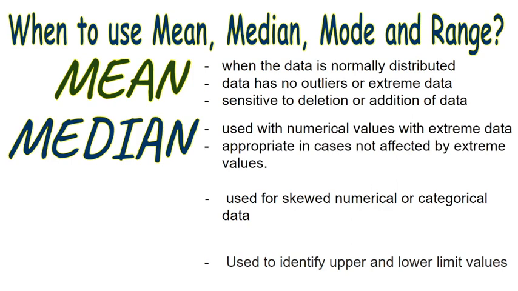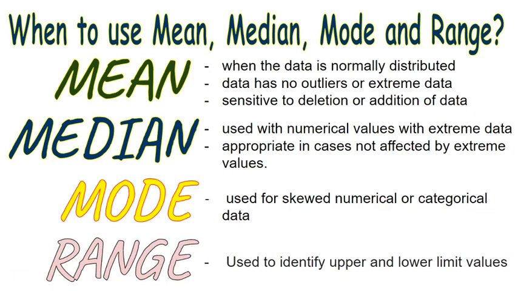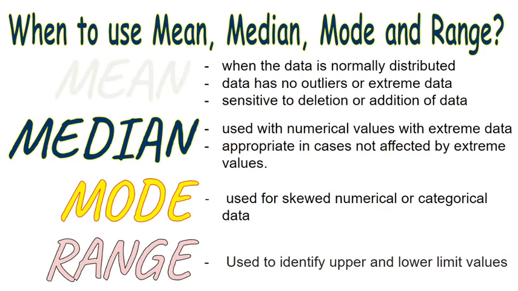And when the data is skewed, there's skewed numerical data or categorical data, we will be using the mode, and of course, to identify the upper and the lower limit values, we have the range. Okay, so please do remember when to use the mean, the median, mode, and the range.